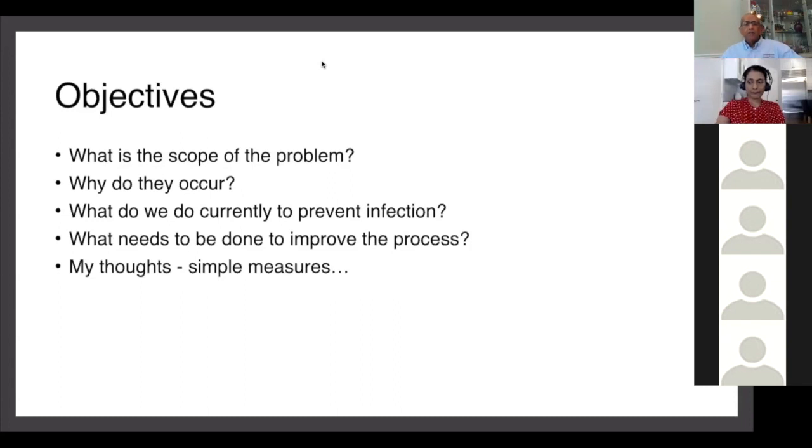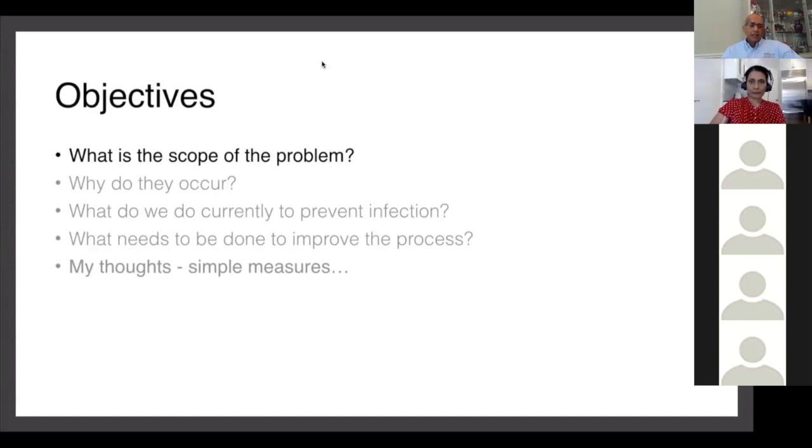You'll figure out from this that our process is not necessarily perfect, and there's always room for improvement. And finally, my thoughts, what simple measures could we implement in an endoscopy unit?